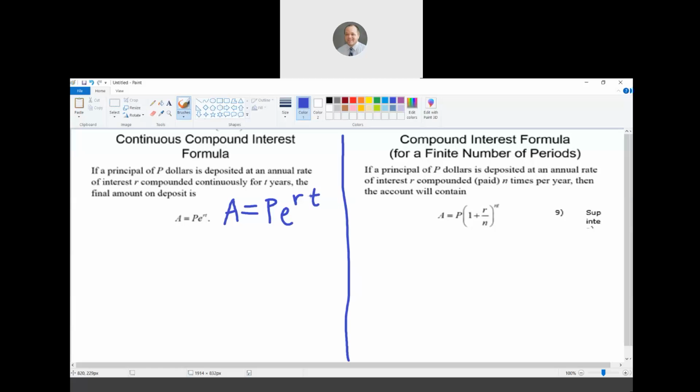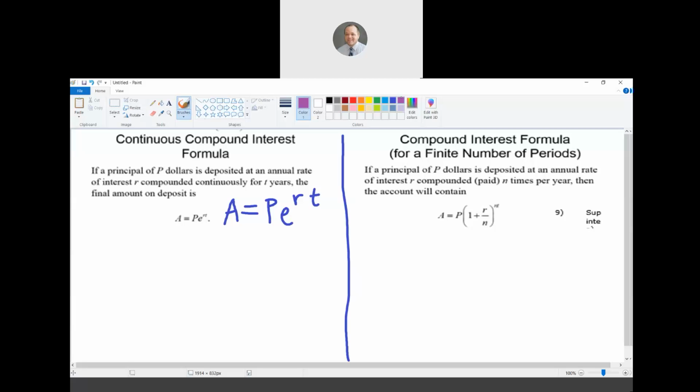A is the final amount that you end up with after t years. And r is your annual rate of interest, initially as a percent, but you would have to convert it to a decimal. So use this formula if your investment is being compounded continuously.